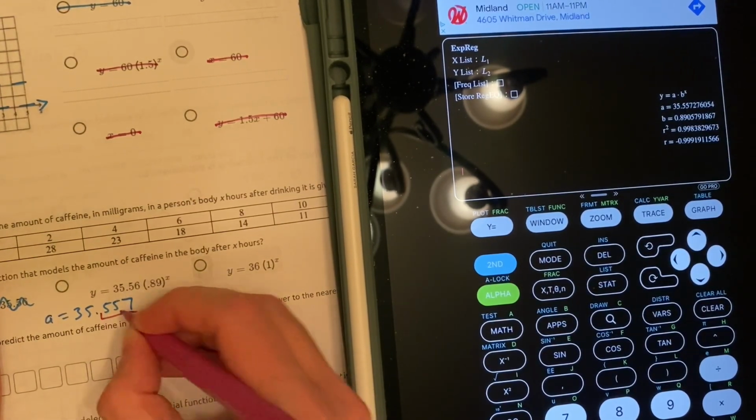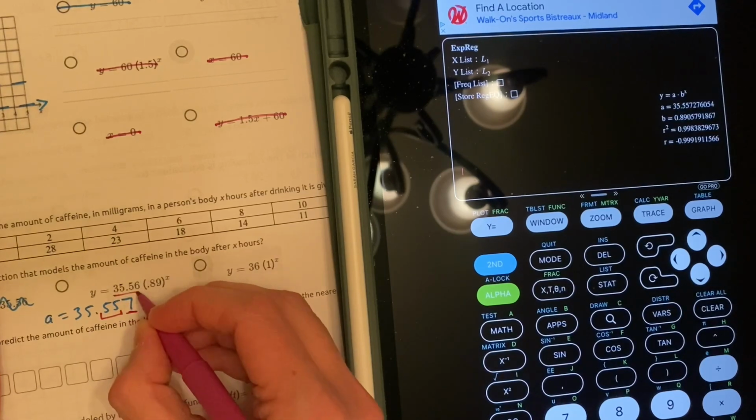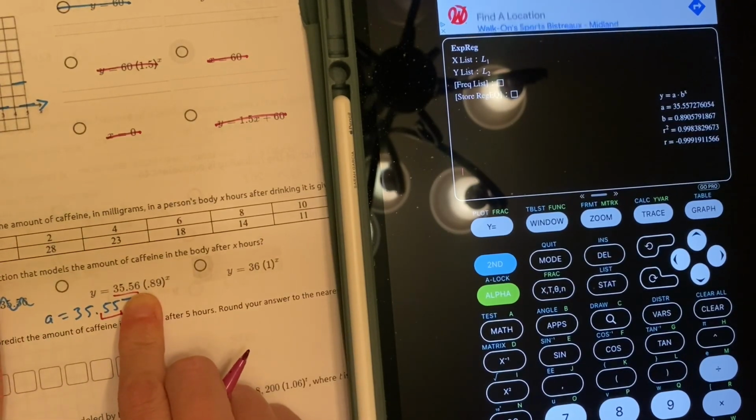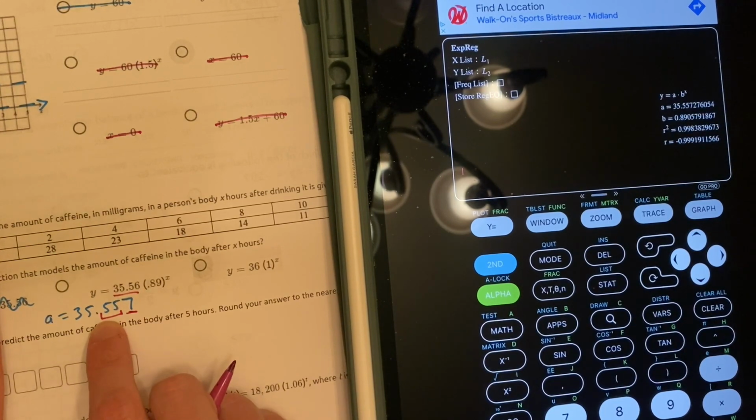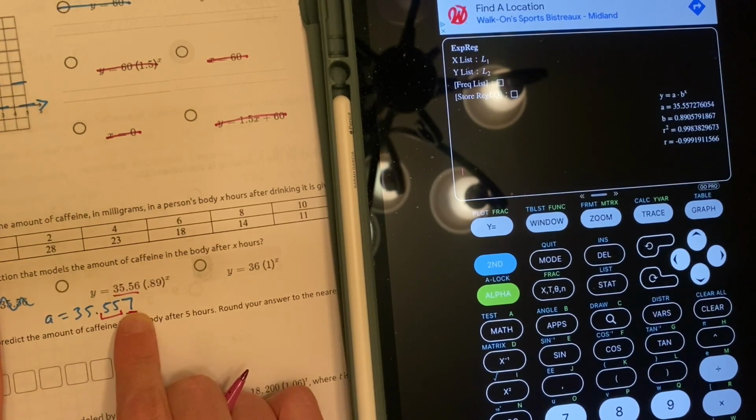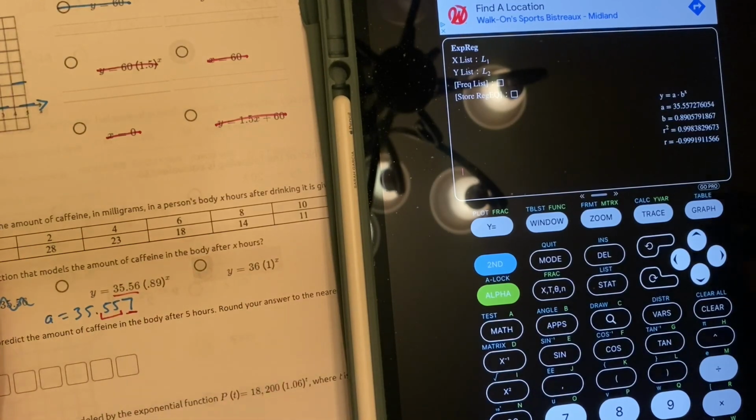The 7 would make the 55 round to 56. So remember, if you round to 2 decimals, you look at the third number. If it's 0 through 4, you keep this. If it's 5 through 9, you round up to the next number. So since this is 7, 55 would round to 56.